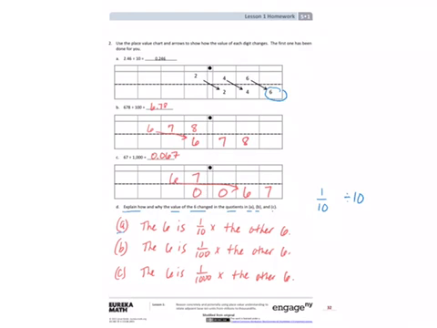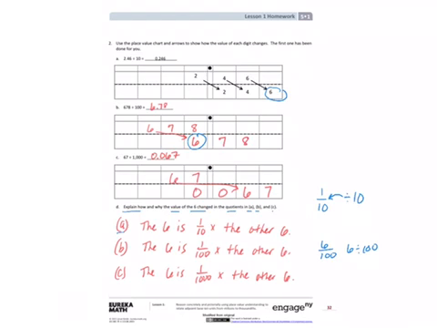It's a division symbol. So in the second one, the 6 is 100 times the other 6, meaning it's 6 divided by 100, which moves it 2 decimal places over, or 2 place values over.